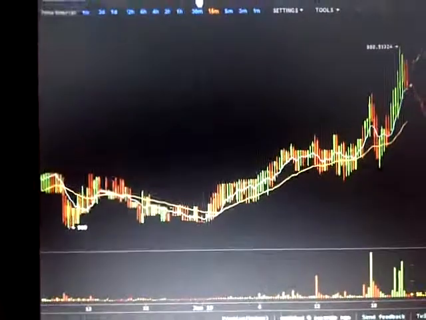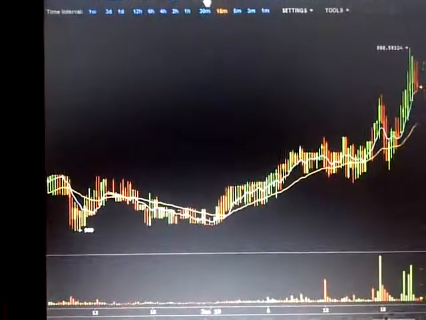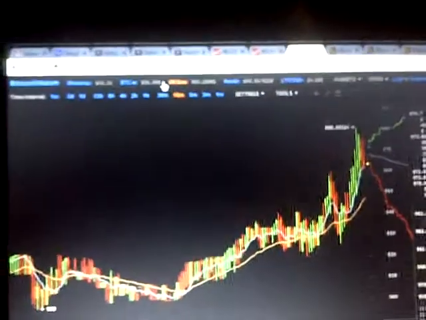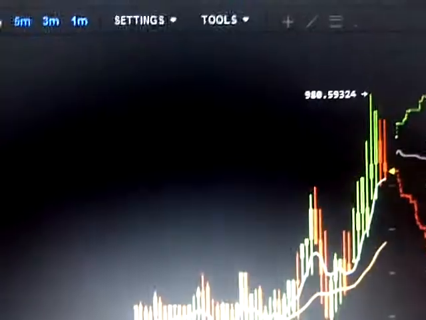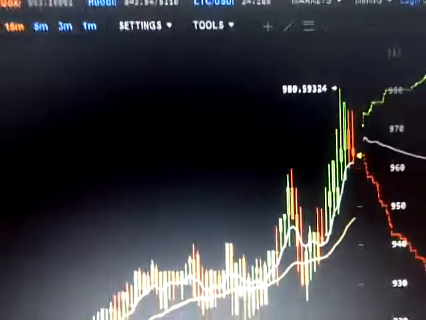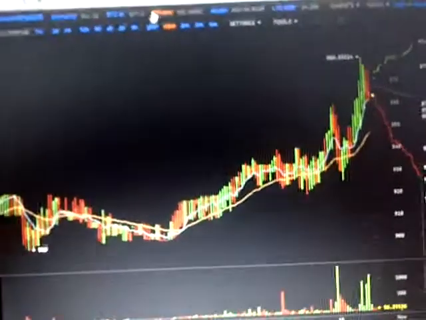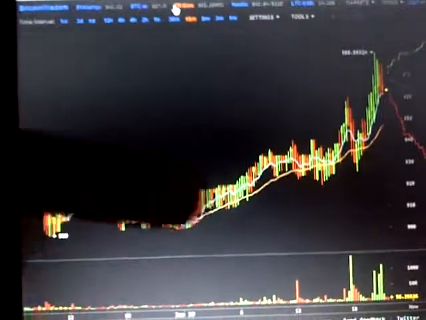So if you look at this chart here, this is just a 15-minute chart, and it shows looks like 5 days or something like that. But if you look, the low is 900, and then you see the top, which is 980. So there's an $80 move here.